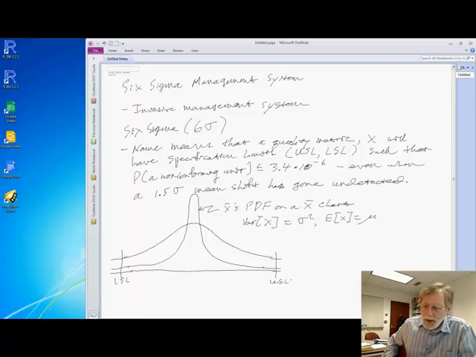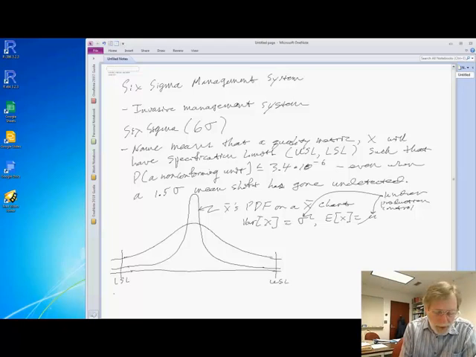Well, what is under production's control? Well, the variance and the mean.